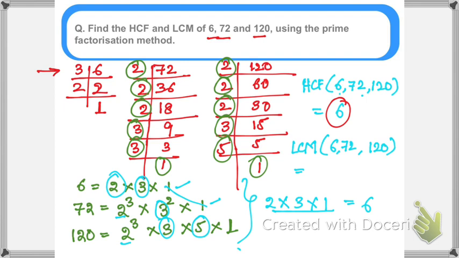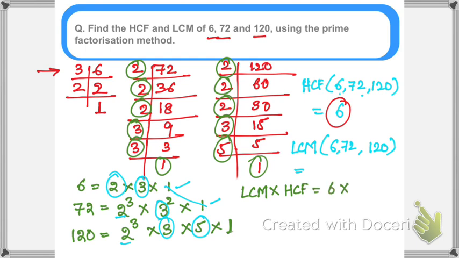Now we will find out the LCM. Now again we have the formula as we used in the previous question, that LCM into HCF is equal to the product of numbers, and the numbers here are 6, 72 and 120.